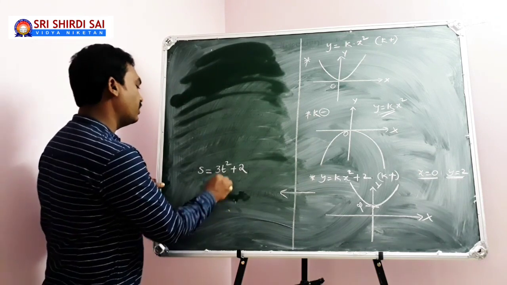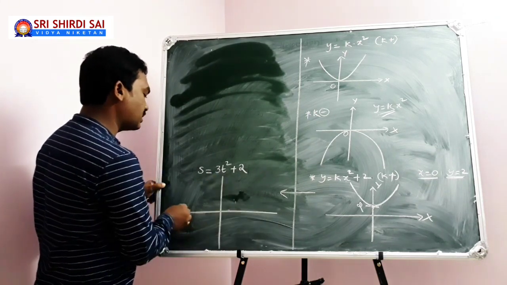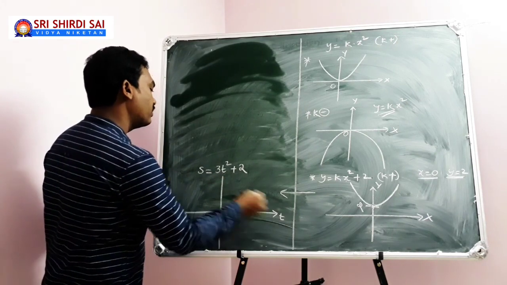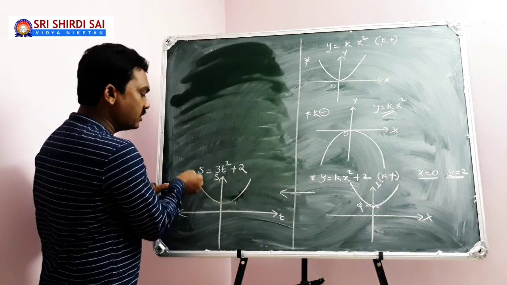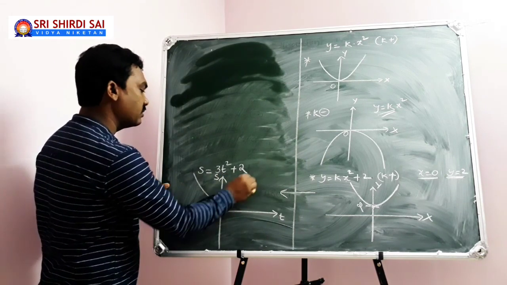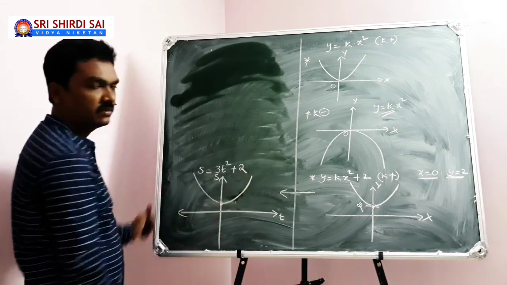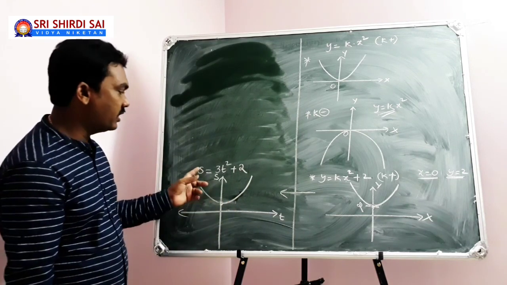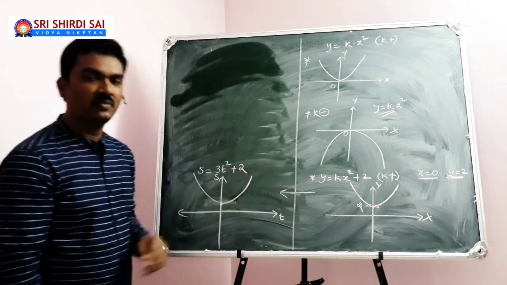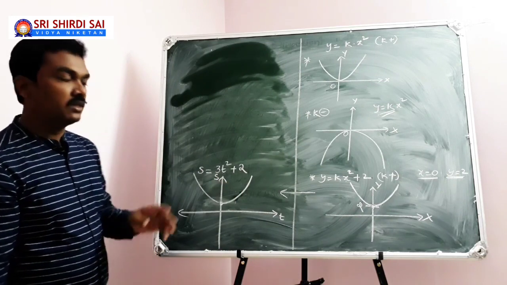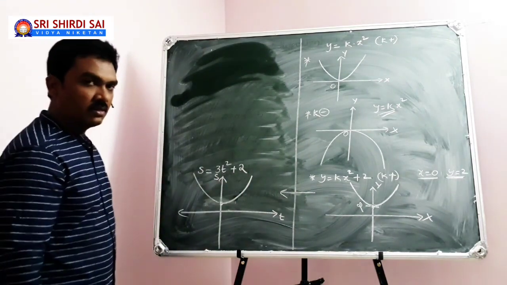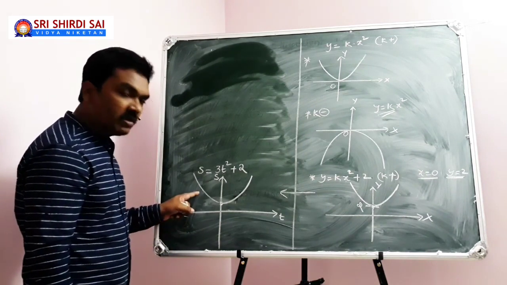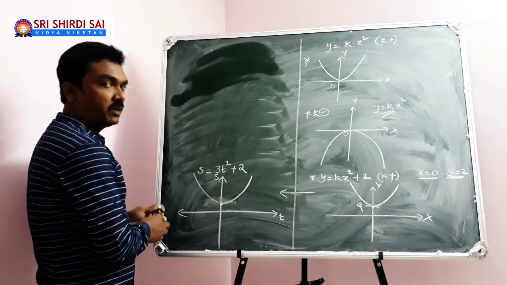Then your displacement versus time graph will be a parabolic curve that passes through the y-axis like this, symmetric about the y-axis because y equals kx² plus 2. But this is only what you need to explain with physics. You know, in the second quadrant time is negative, which is not possible.